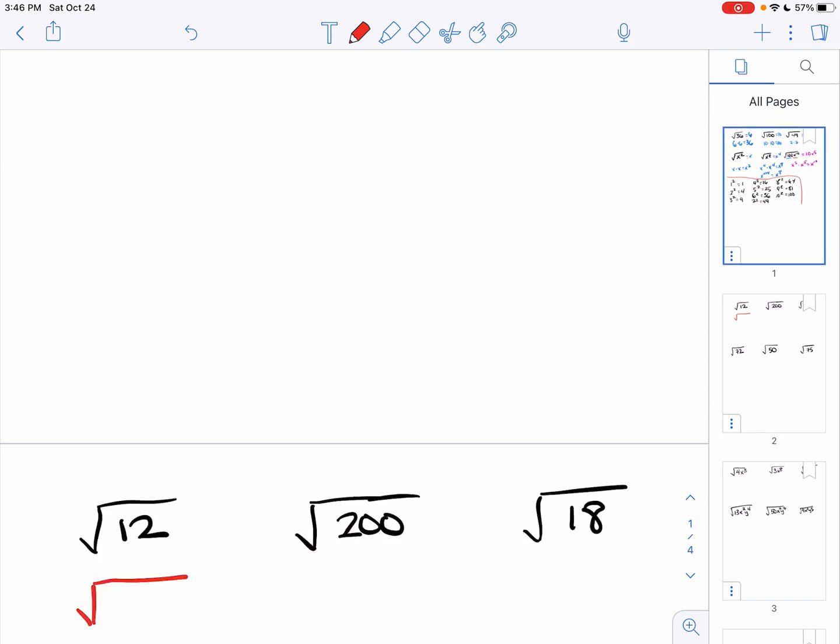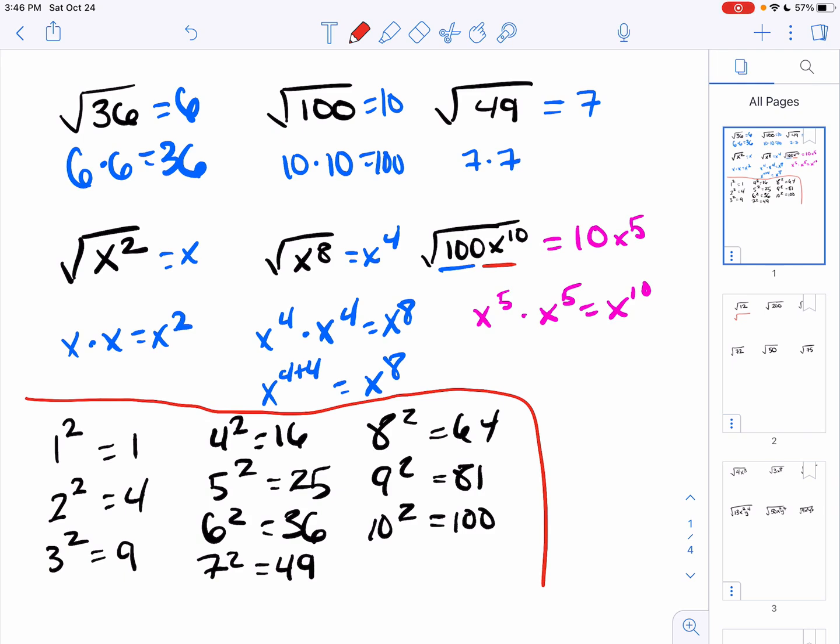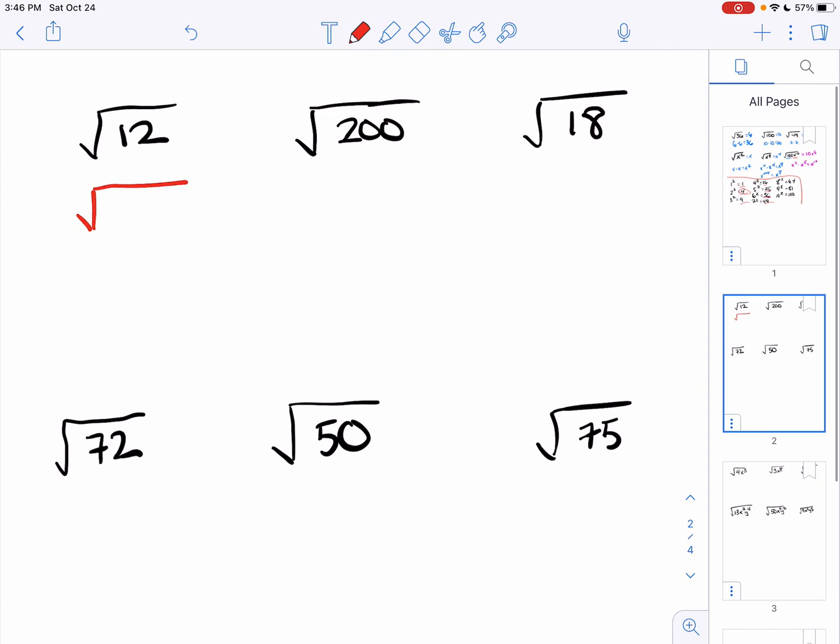Well, I can go back to my perfect square page. What is the greatest number here that goes into 12? Well, it's 4. So, I write 4 in here. Now, 4 times what gives me 12? 4 times 3.